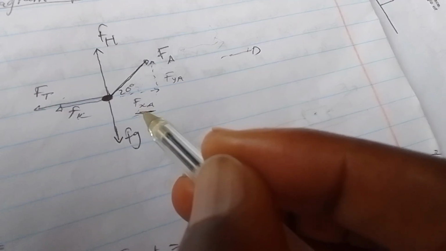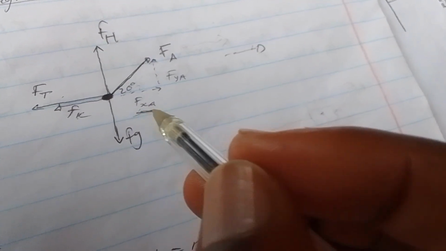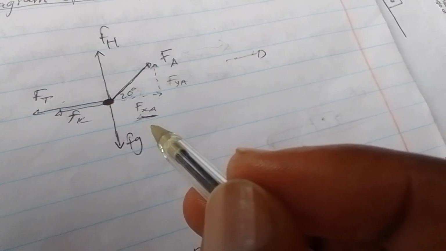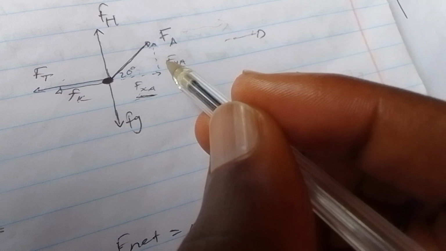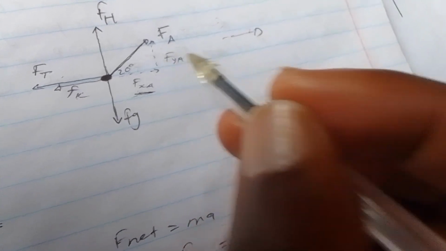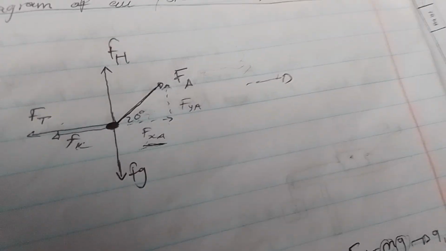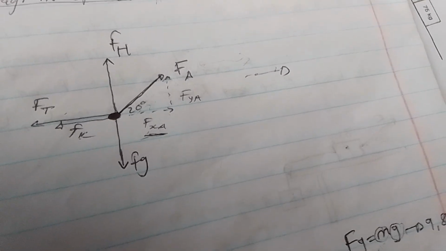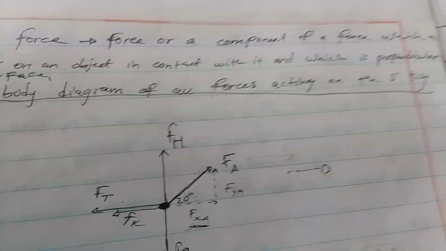I don't leave the X because I want you to see that this component is on our X direction. Then on our vertical direction, it is FYA. I don't leave Y because I want you to see that the direction that this force is taking, it is on our vertical direction. It is perpendicular. Y and perpendicular, same WhatsApp group. X and parallel, same WhatsApp group. You feel me?